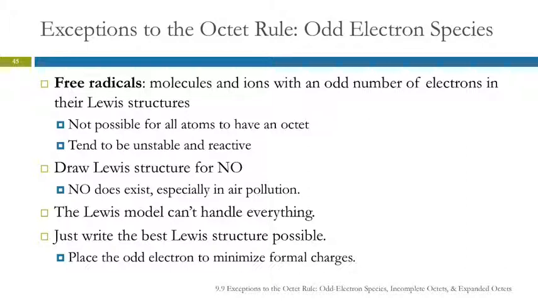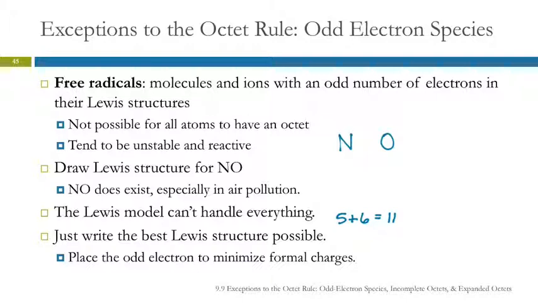So we have a nitrogen and an oxygen. And we've got a total of 5 plus 6 electrons, right? 5 from the nitrogen, 6 from the oxygen, so that's 11. So that's an odd number. We can tell we're going to have a problem here.